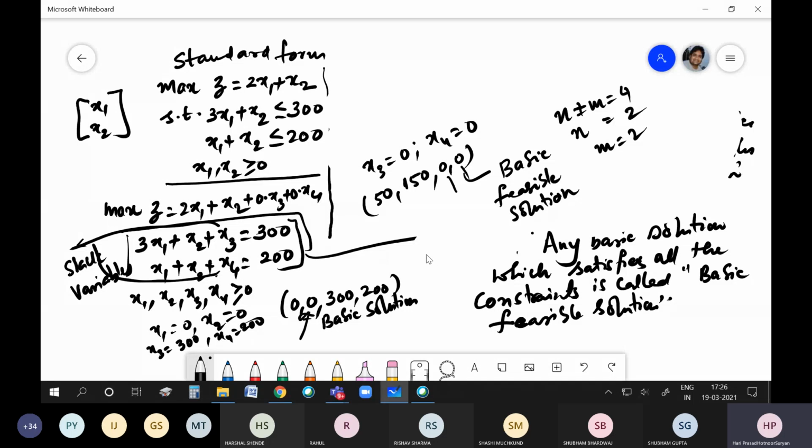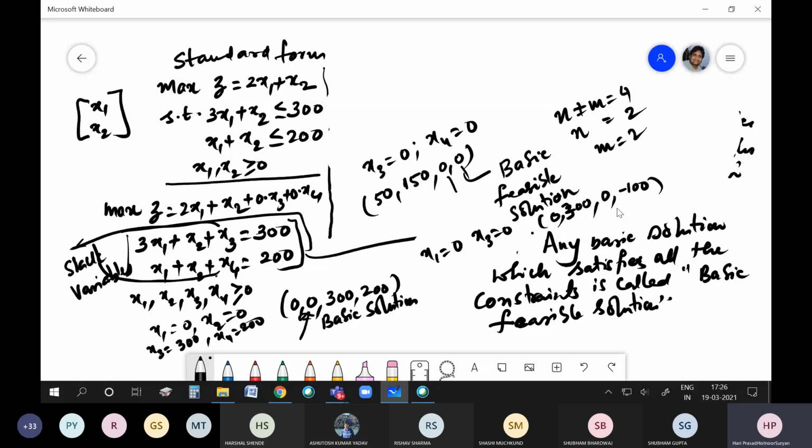Take the case where x1 is equal to 0 and x3 is equal to 0. What basic solution do we get? Please let me know. x1 is 0, x2 is 300, x3 I am making 0, and x4 is minus 100.